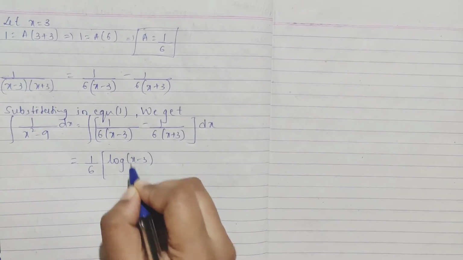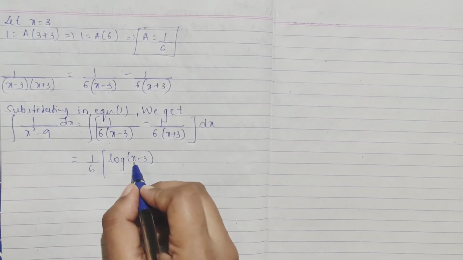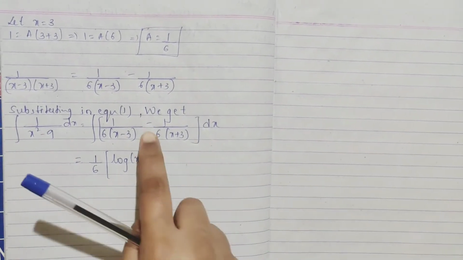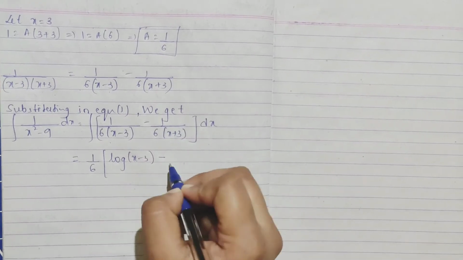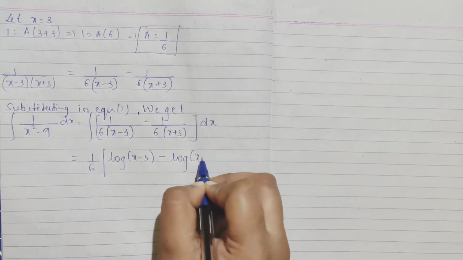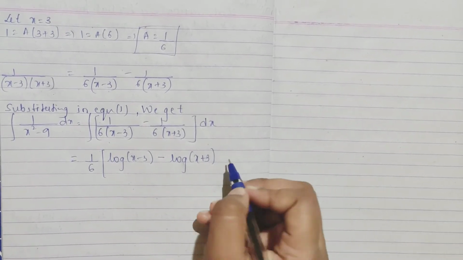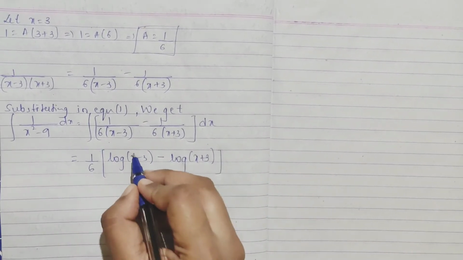Even here log is there, yes. So this will be 1, that is divided by 1 only. And same here, minus, you will be having log of x plus 3. So the derivative of the inner function is 1, divided by 1 you will get. If you don't write it also it is okay, but you should make sure, okay.